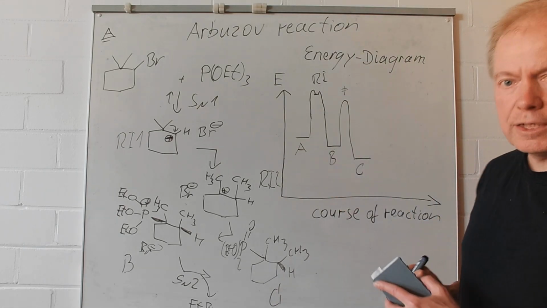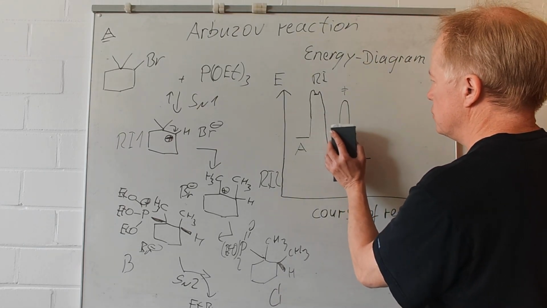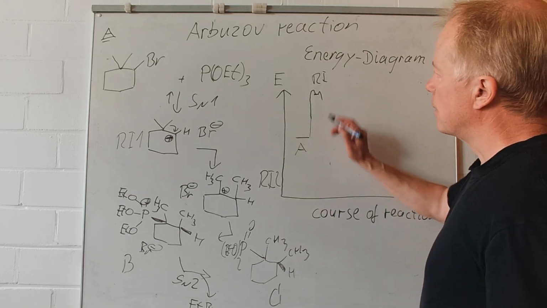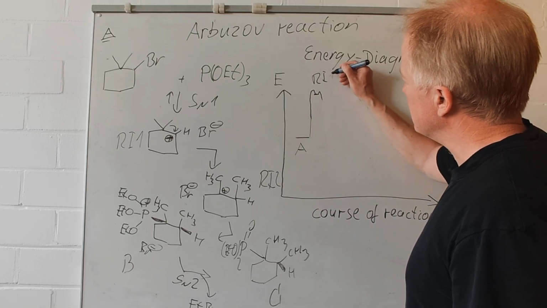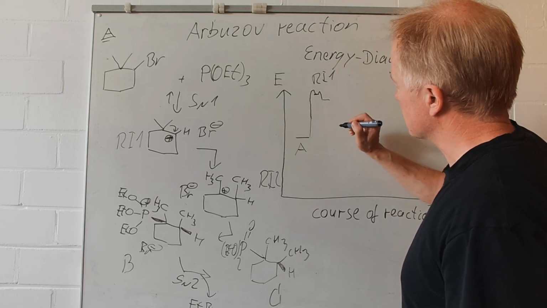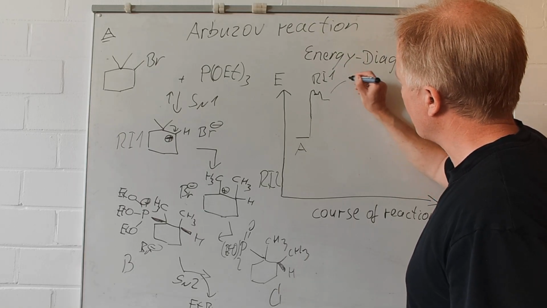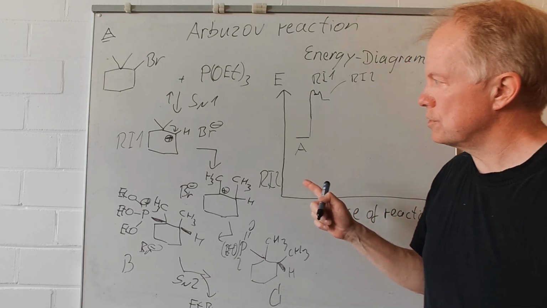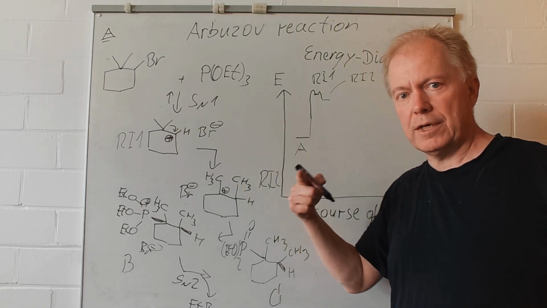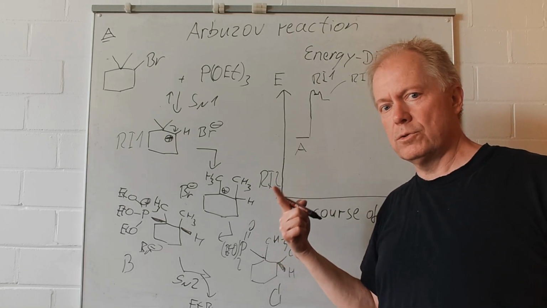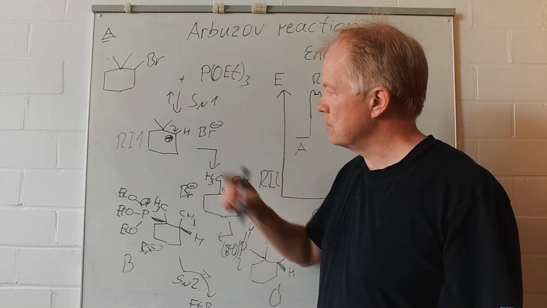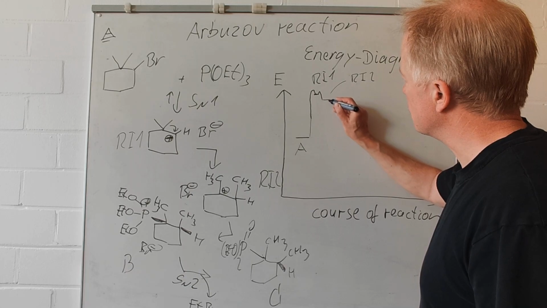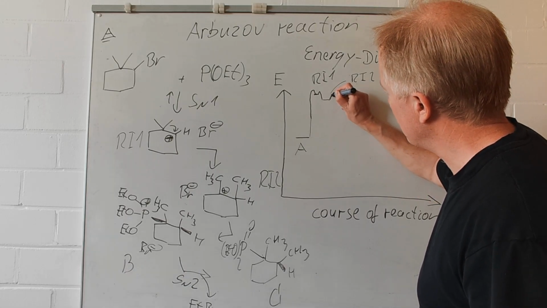That means in our energy diagram we have to change a little bit. After reactive intermediate 1, we get a second reactive intermediate. Since this is a tertiary carbenium, more stable compared to the secondary carbenium ion, it is on a somewhat lower energy level.